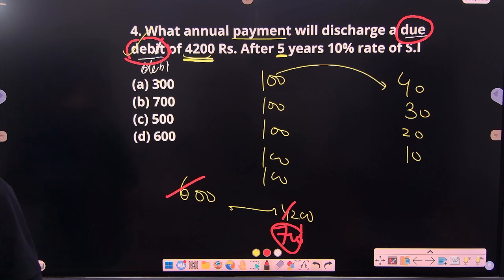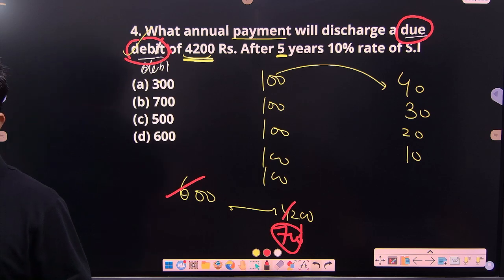Now we have the formula. How can we plug in the formula? This same question we can plug in the formula. Guys, that was question 4. Exactly, the answer of question 4 would be 700. So basically question number 1 and question number 4 are of the same type.